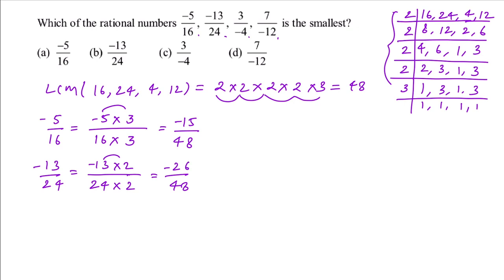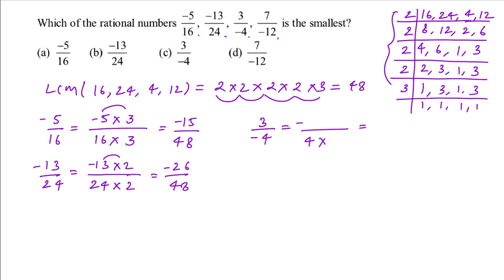Next we have 3 by minus 4. This minus sign, you can write in the numerator because the whole number is negative, right? You can put it in the numerator, or you can just put it here, it doesn't affect anything. Let's put the minus sign in the numerator, just to avoid confusion.